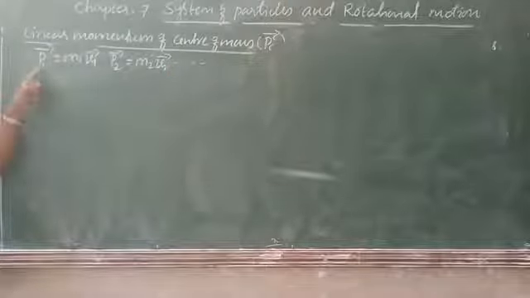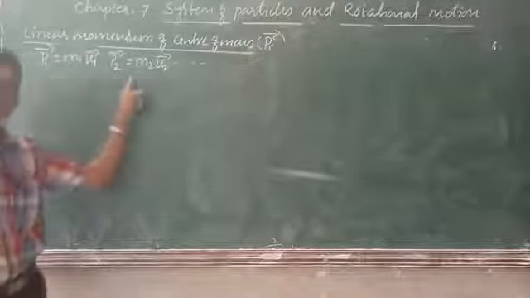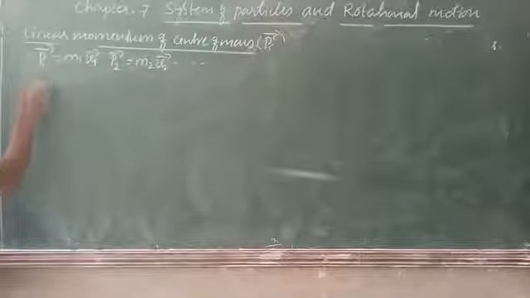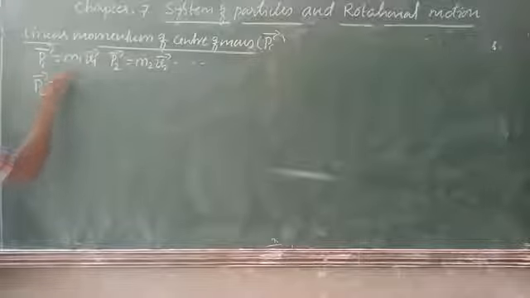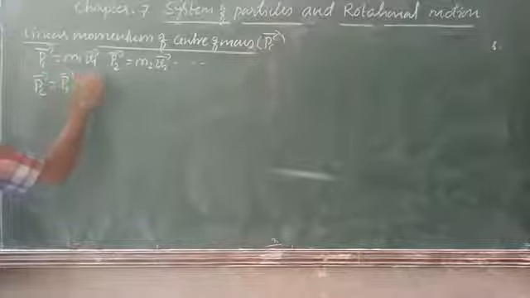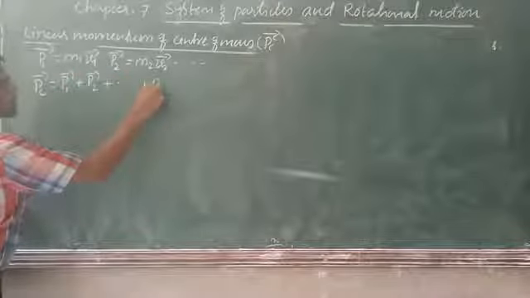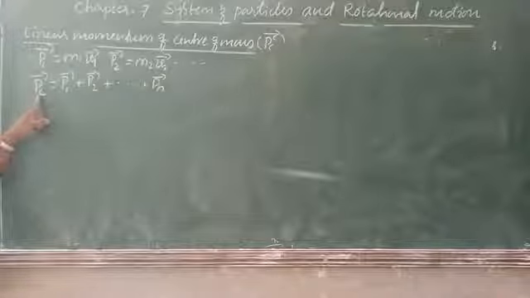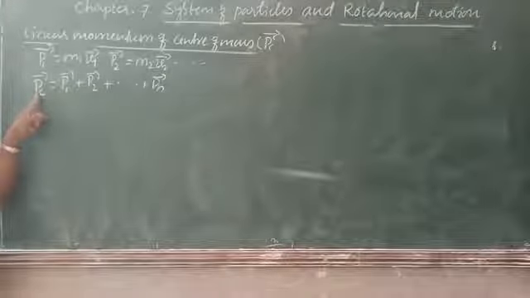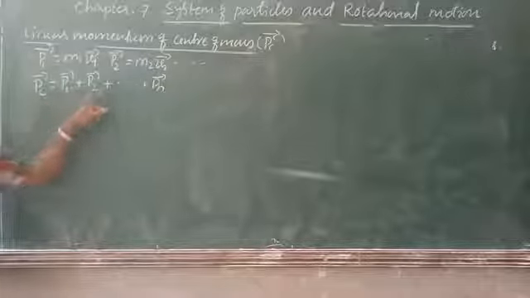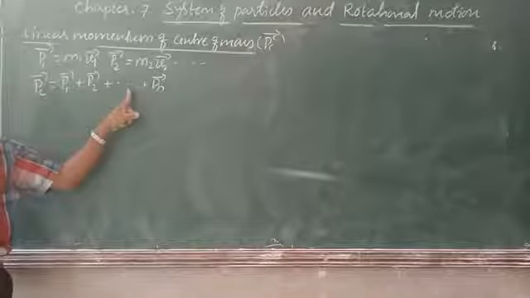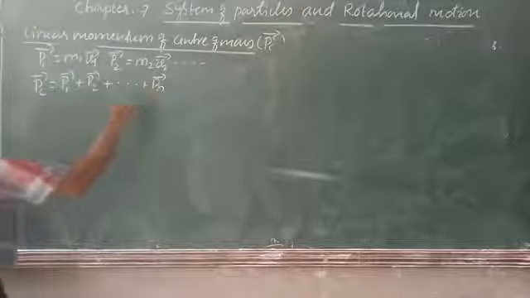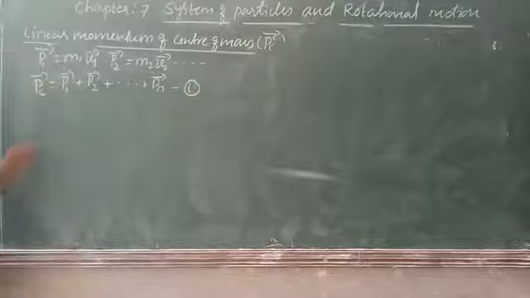Now if Pc is the total linear momentum of the system of particles, then Pc is equal to P1 plus P2 plus so on plus Pn, where Pc is the linear momentum of the center of mass of the system of particles, and P1, P2 etc. are the linear momenta of the individual particles. We call this equation 1.